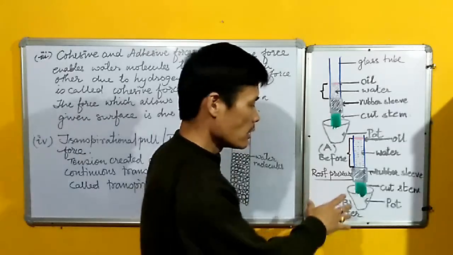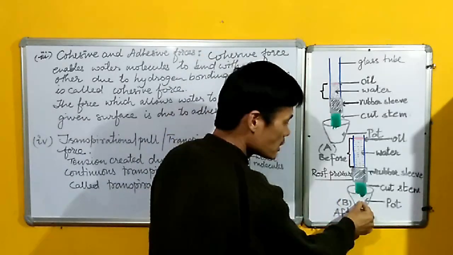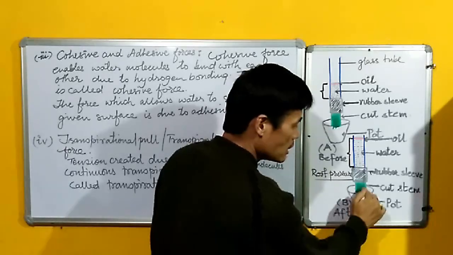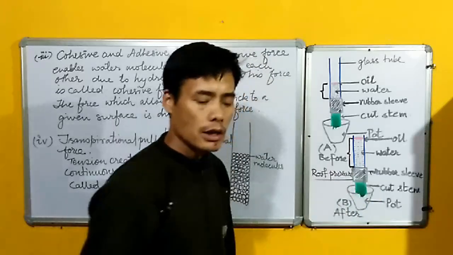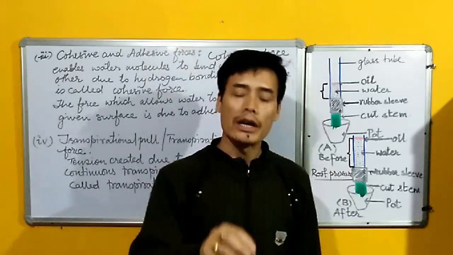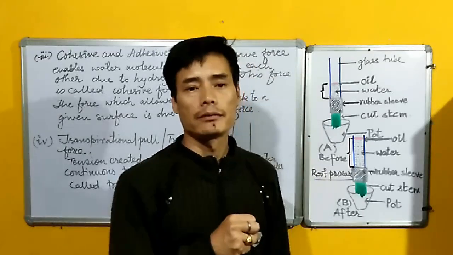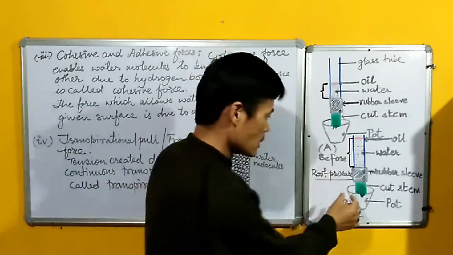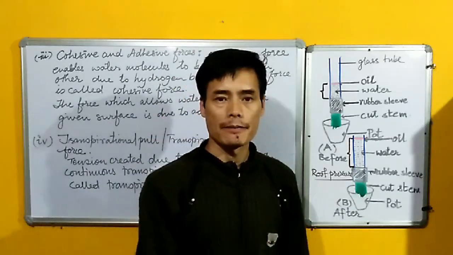So from here we can see the root is intact. There are no leaves in this cut stem. So we can understand there is no transpirational pull, because this particular cut stem is not transpiring.